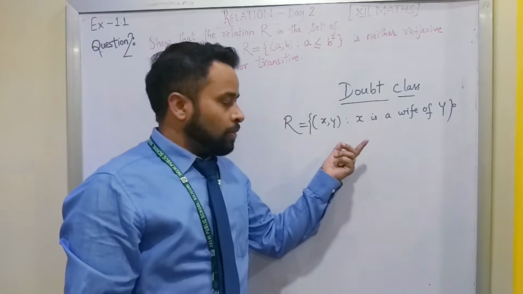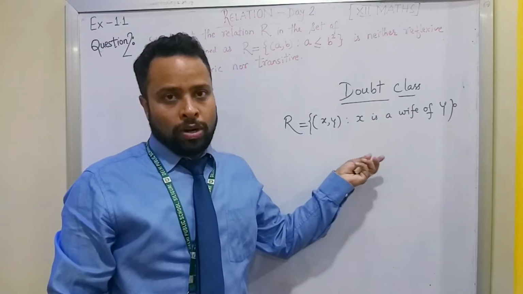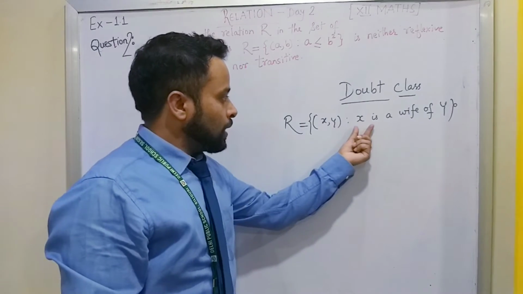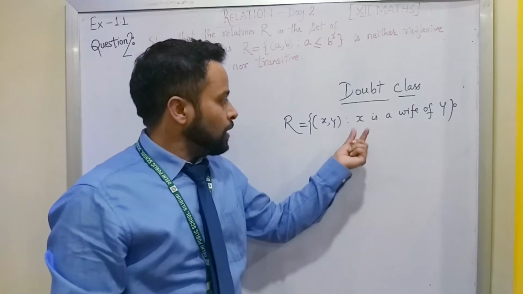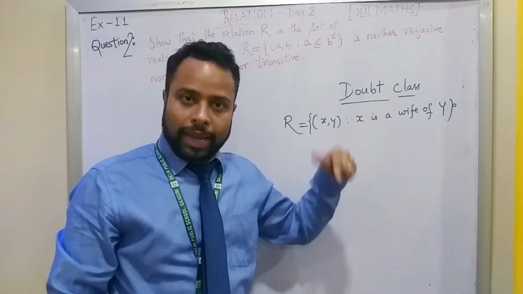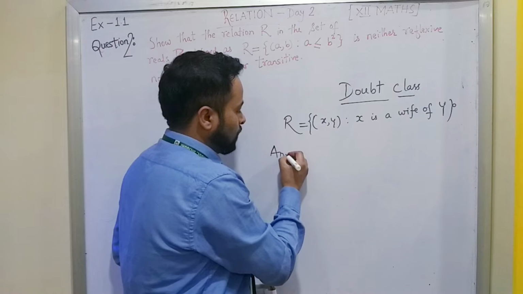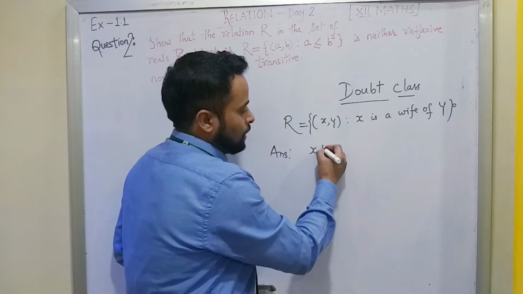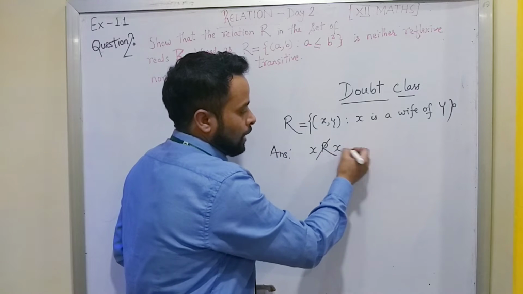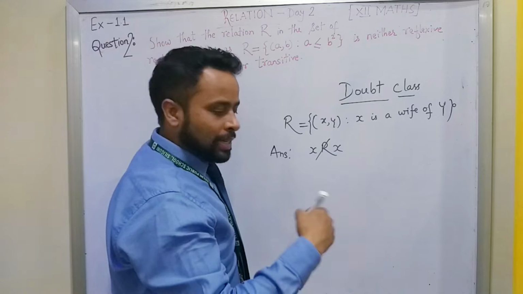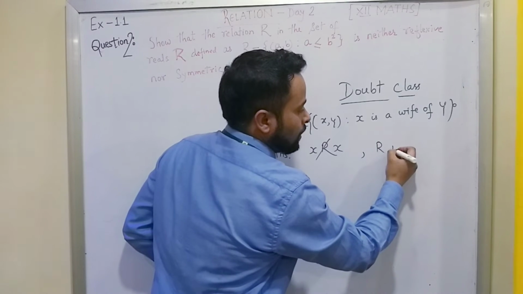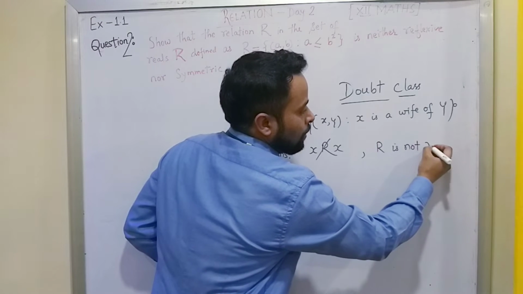Now we know that this is not reflexive. X cannot be the wife of x itself. So remember, x is not related to x. R is not reflexive.